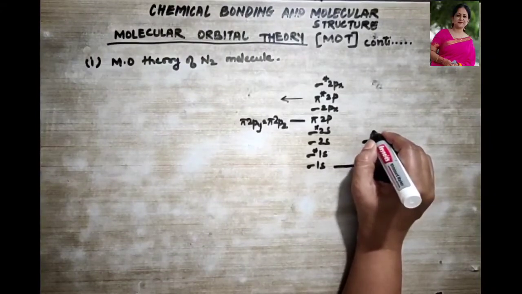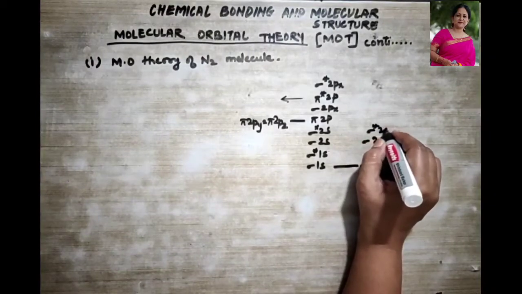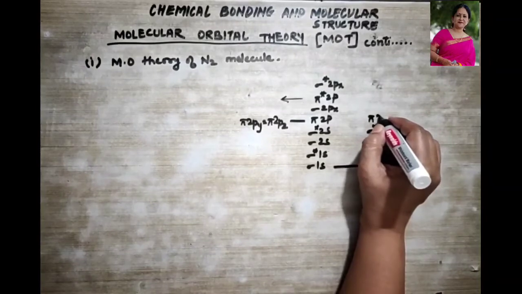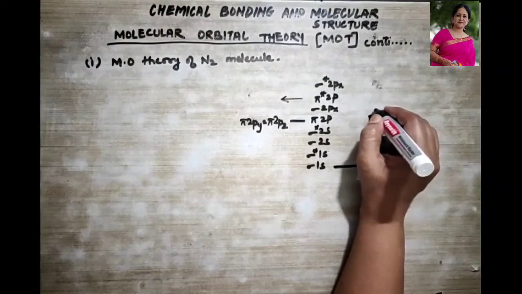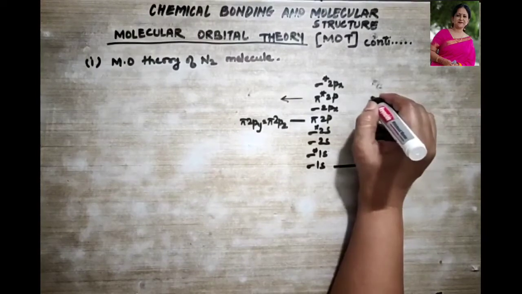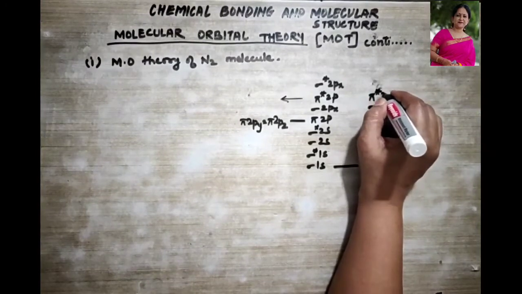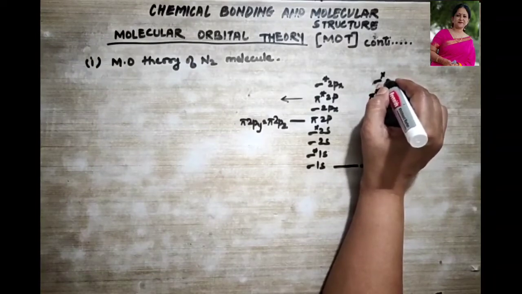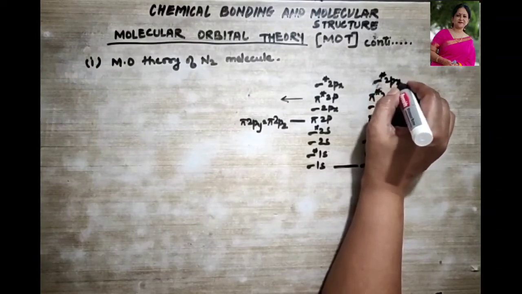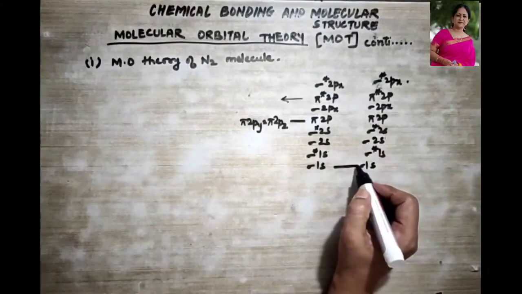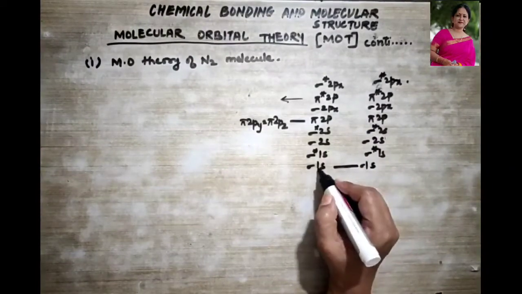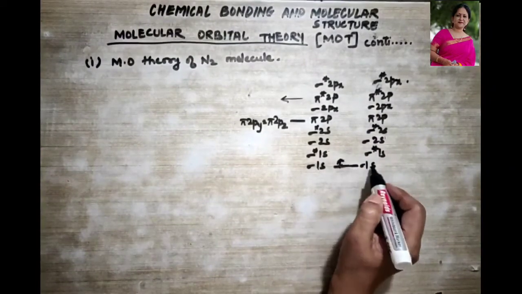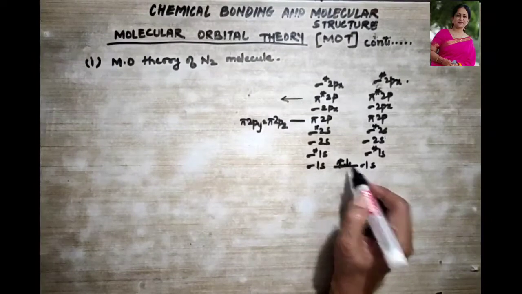Sigma 2s, antibonding 2s, 2p, then 2px, then antibonding, then antibonding 2px. Okay, so here there was one box, one electron from here, one electron of this with the opposite spin.